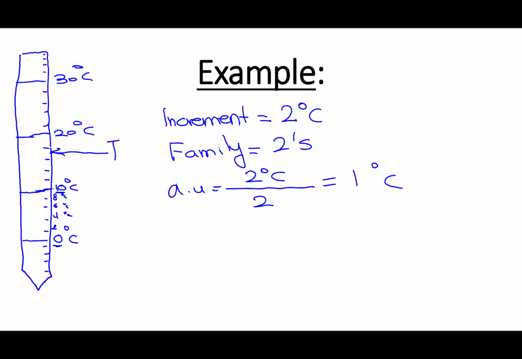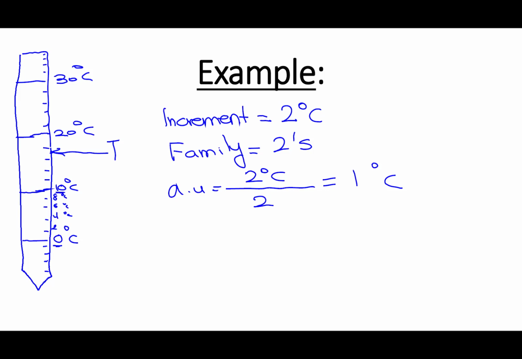When it's 1, it means you have to report your reading to a whole number. Okay, it has to be a whole number. Okay, then if the absolute uncertainty is 1, it could be either 1, 0.1, 0.01, etc. That's how it's going to be. But this one it's 1, which means your number has to be reported as a whole number with no decimals on it at all.